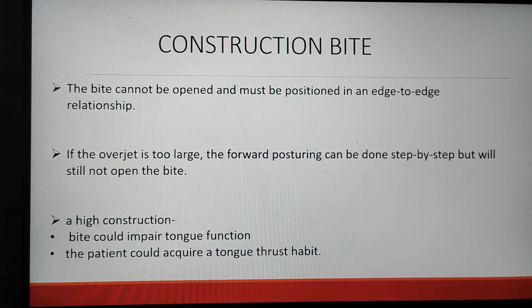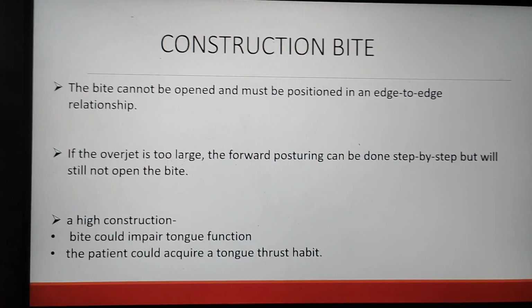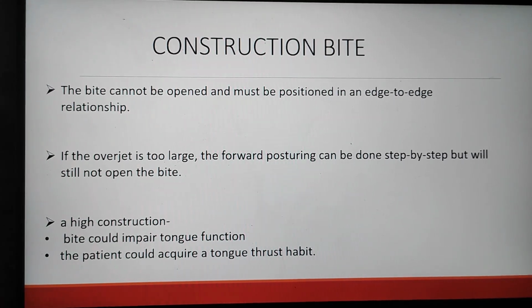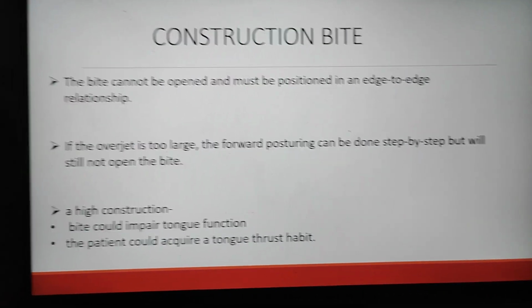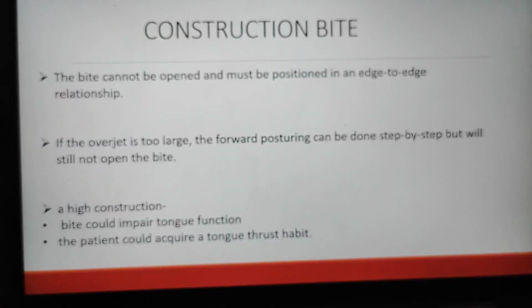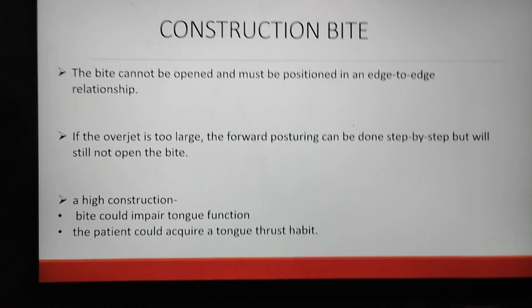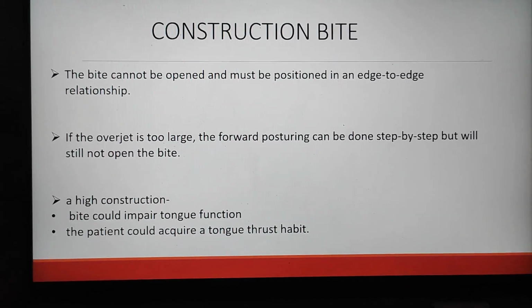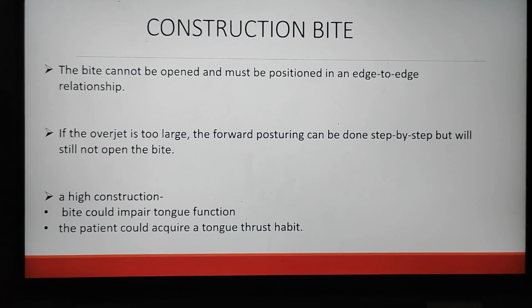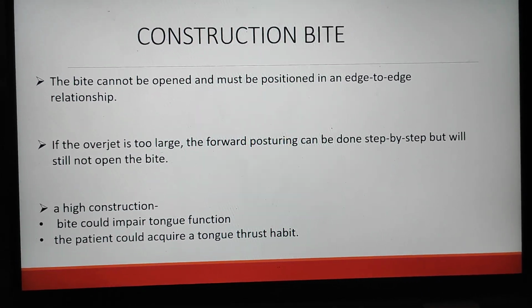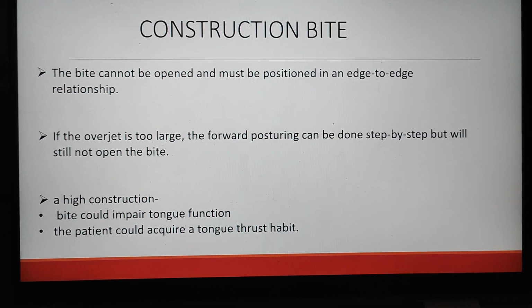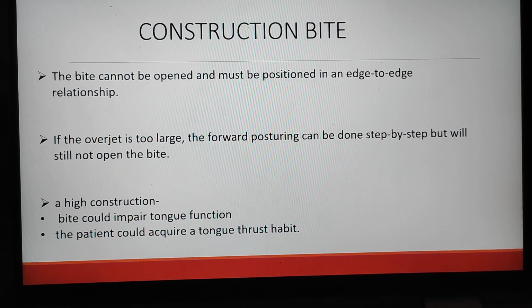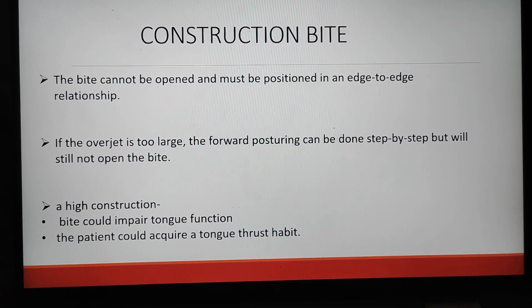Now the construction bite of the bionator. The bite cannot be opened vertically much in a bionator. It should be positioned in an edge-to-edge relationship. If the overjet is too large, the mandibular posturing can be done in a step-by-step manner, but will still not open the bite. If in any case a high construction bite is taken, then it could lead to the following problems.